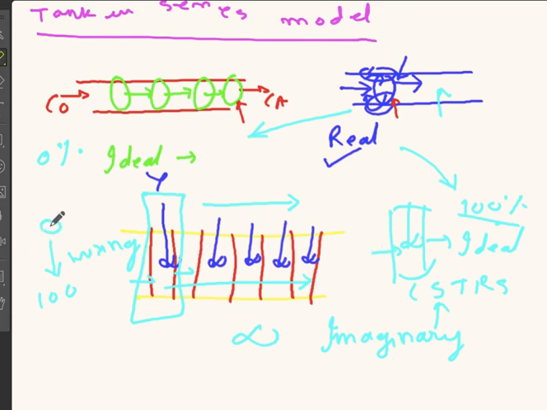So we will compare, from 0% mixing to 100% mixing in a PFR, the change in concentration, or how the concentration changes with time.